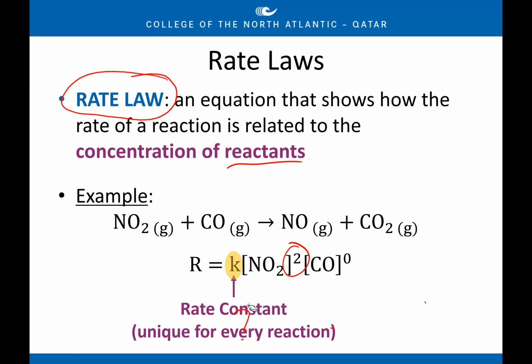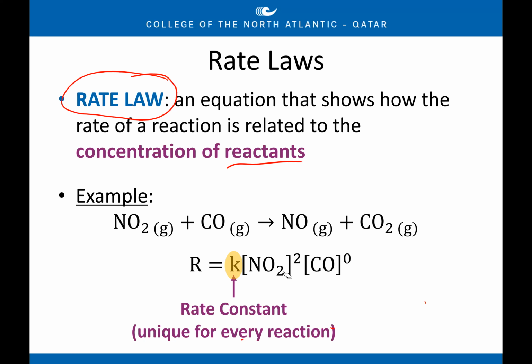K is called the rate constant. It's like pi or gravity, or maybe a better example is it's like specific heat capacity. What we learned in Unit 2 is that the specific heat capacity depends on the chemical. We typically picked water, but it could be for lead, for iron, for nickel. Rate constant is unique.